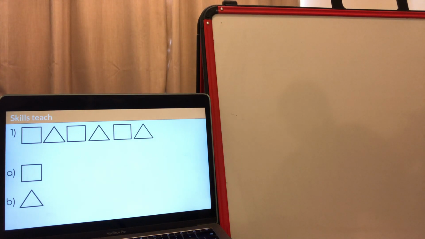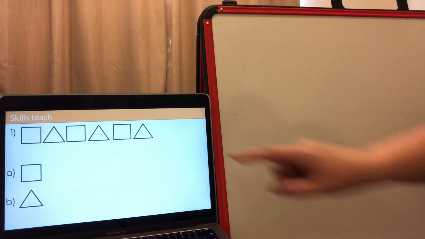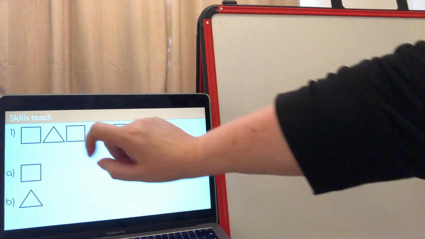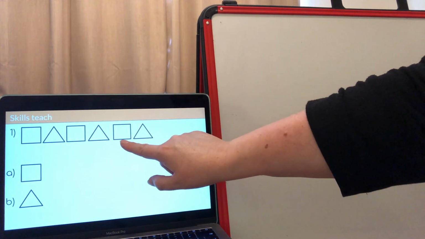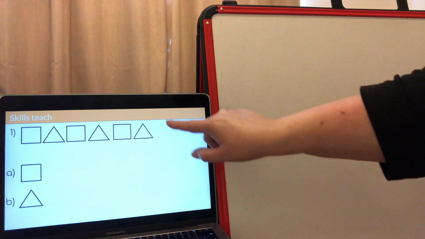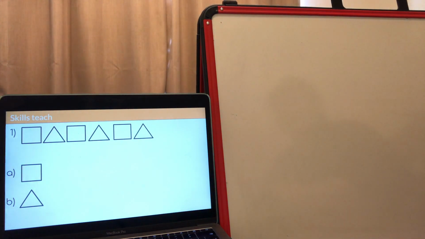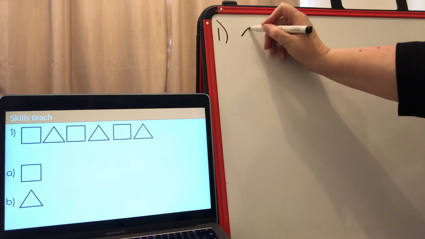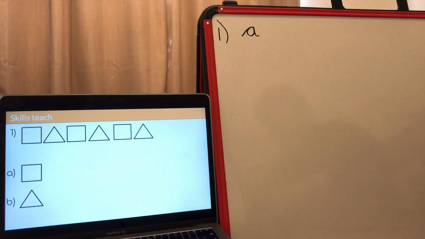What comes next? Well, if you look, every time there was a triangle, after it came a square. It's a triangle, then a square. There were never 2 triangles together, so it's not going to be a triangle next. It's going to be the square. So for number 1, I can just write A. A was the answer. Square.